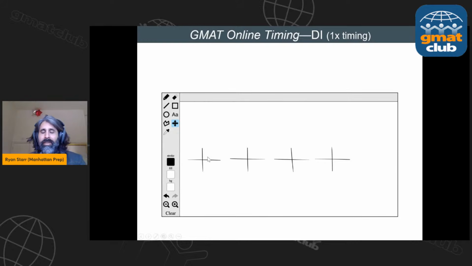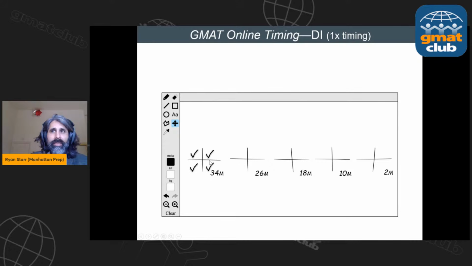All right. Keeping track of your time, just having it persistently there so you can check off questions as you do them. You don't want to actually do the scratch work on this online whiteboard because it's not great. But you can absolutely keep track of your time here in a way that doesn't interfere too much with your ability to do the questions, it just keeps you on track essentially.